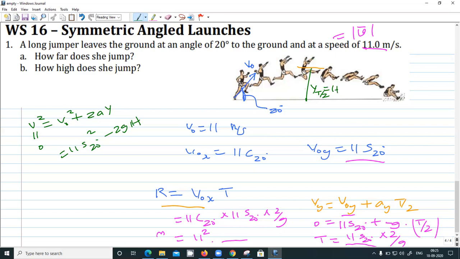How high does she jump is this height? Yes. That value I am denoting as h, maximum height. So from this you get h as 11 sine 20 square by 2g.